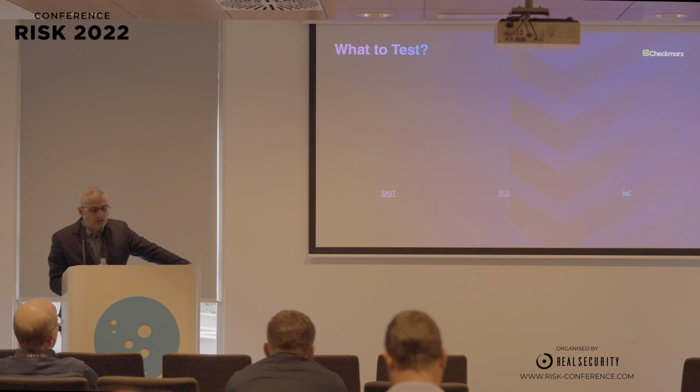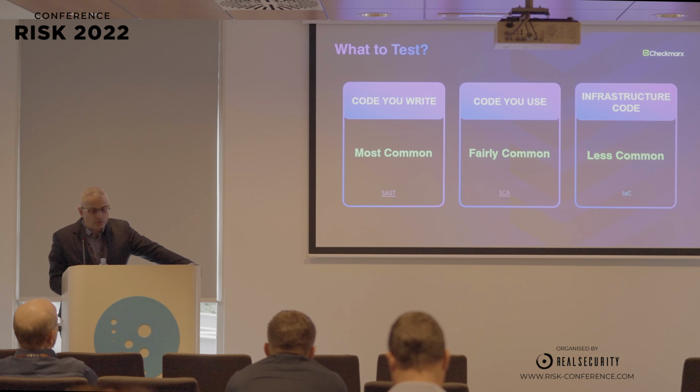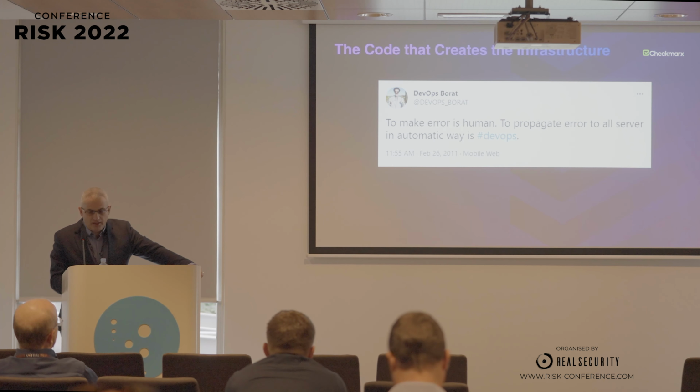And additional to SAST and SCA, we're talking about infrastructure as code. Today, while we use so many Dockers, Kubernetes, Terraform, whatever, you see a very interesting post: to make an error is human, to propagate an error to all servers in an automatic way is DevOps.